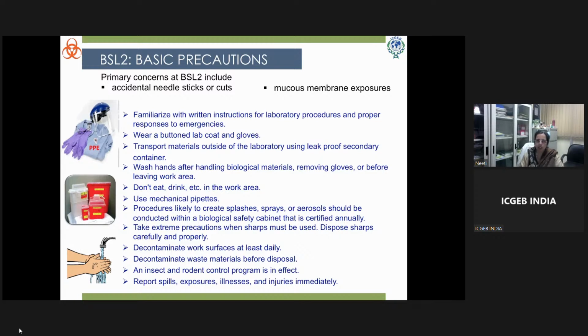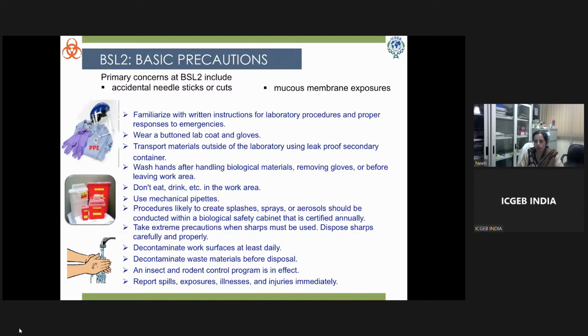Now, the biosafety cabinet placed in the lab, as well as the other safety equipment, needs to be constantly monitored, certified and maintained, so that the safety levels are maintained. So monitoring of the lab equipment itself becomes a very important factor here.